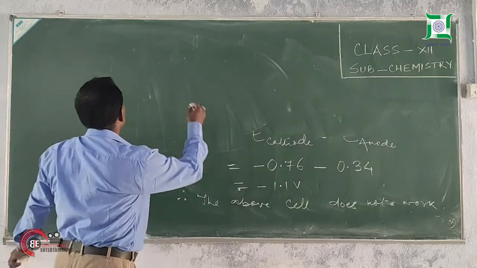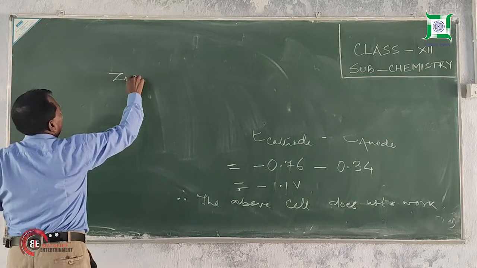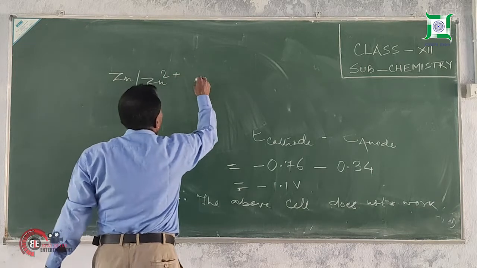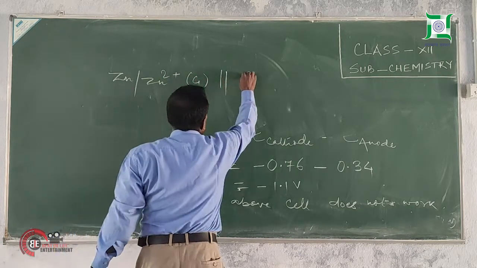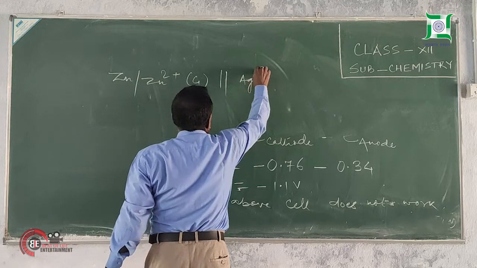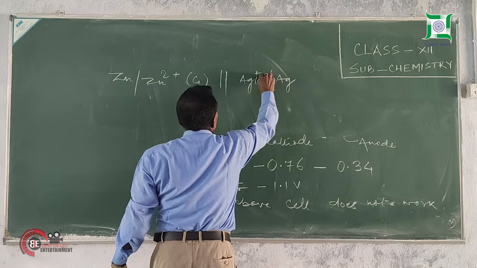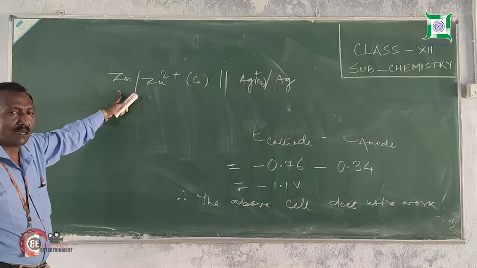For example, we have another example. If we take Zn2+ C1, salt bridge, Ag+/Ag, here is C2. Now for this cell, this is another example.